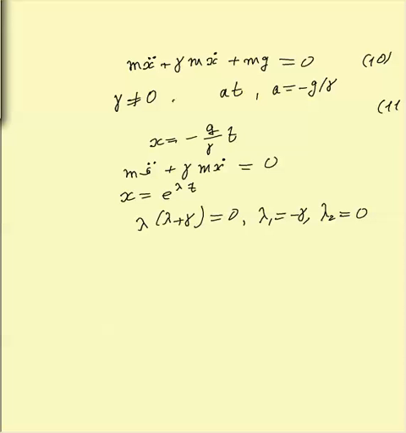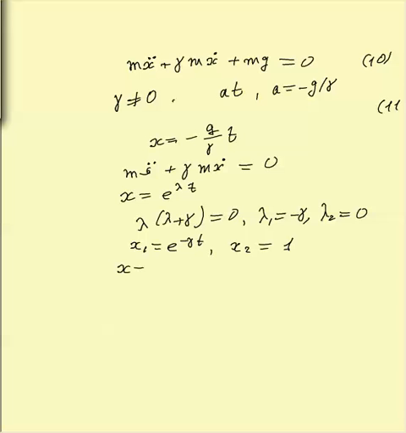Therefore, we have the following two particular solutions to the homogeneous equation: x1 equals exponent minus gamma t, and x2 equals 1. Therefore, for the general solution to our equation, we take the linear combination of x1 and x2 and add the particular solution which we obtained above. We obtain the general solution to equation 10.